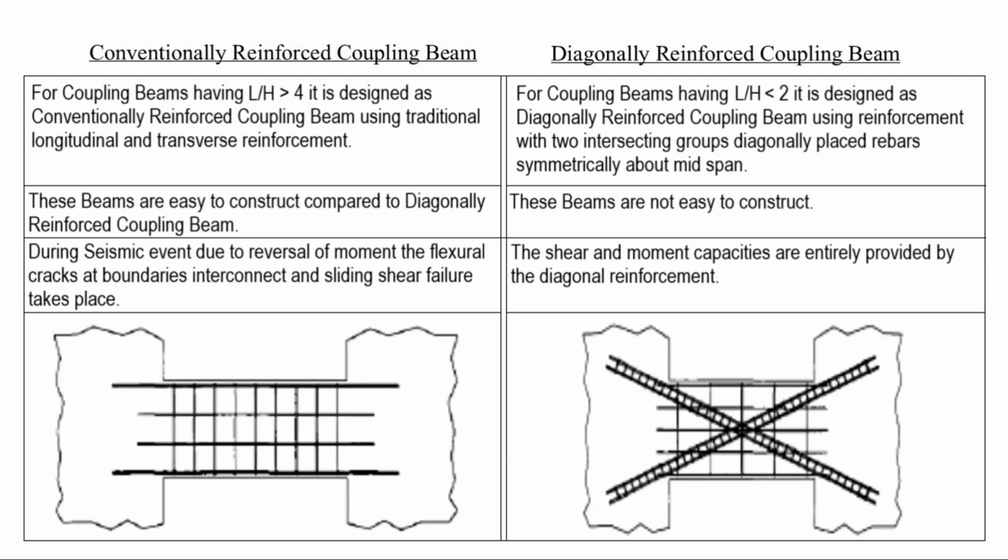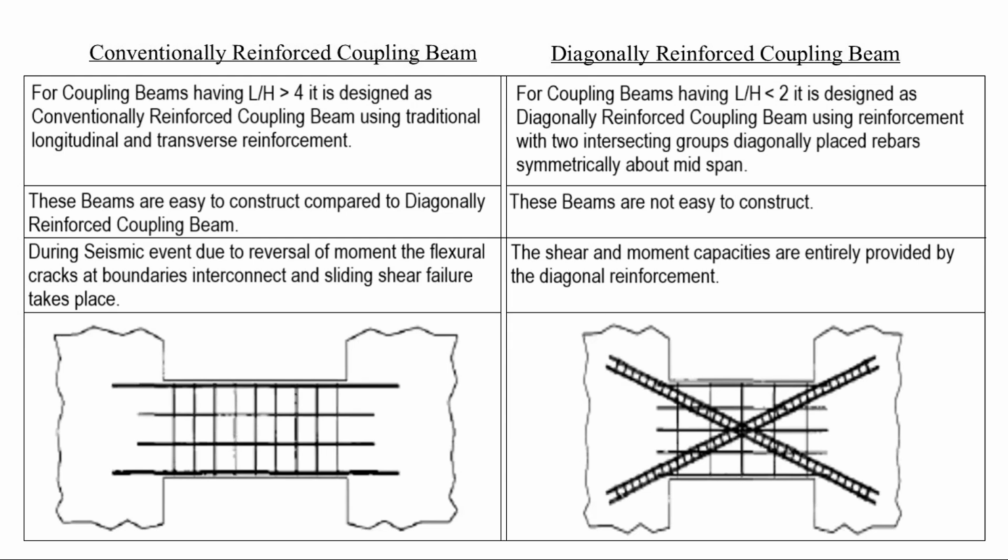In this figure, we can see that the spandrel inside the shear wall can be constructed in two different ways. The first figure shows the conventional process of constructing a coupling beam in spandrel, and the second figure shows that there is a diagonal reinforcement available inside the spandrel. So here we are differentiating two methods of constructing a spandrel inside the shear wall.